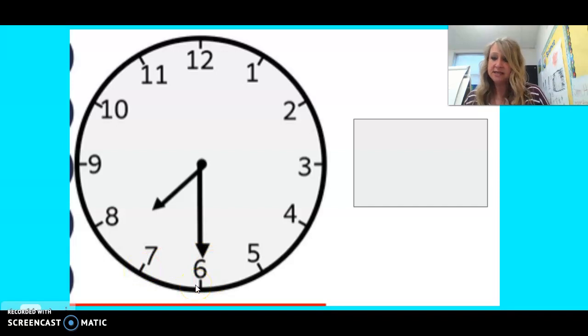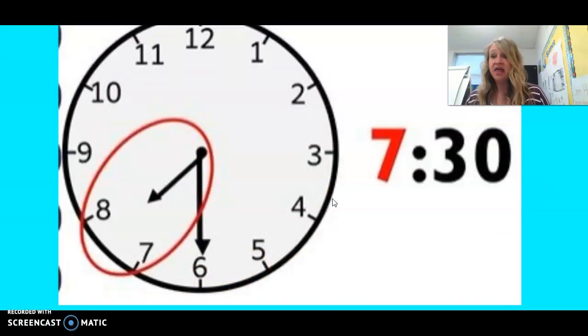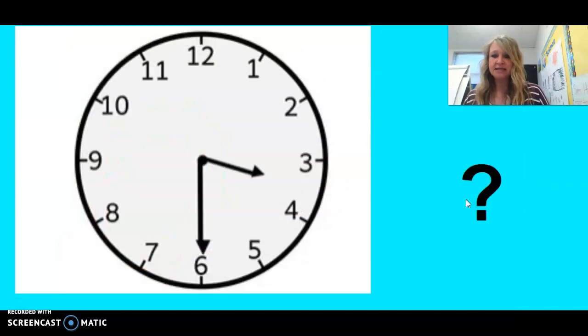What do you think the minutes are going to be? Well, if we count by fives, 5, 10, 15, 20, 25, 30, we know that the time is 7:30. The hour hand is halfway between the 7 and the 8, and the minute hand is halfway around the clock. Half an hour, 7:30.